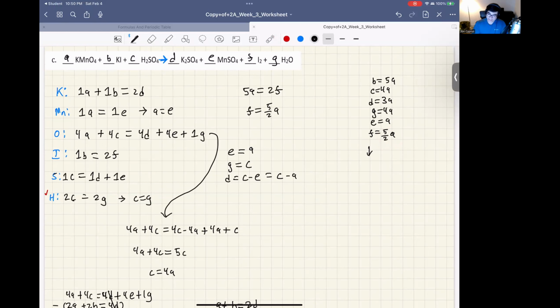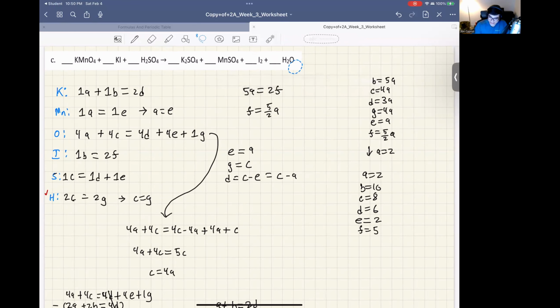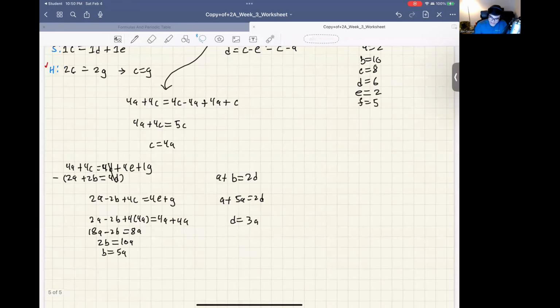You could do 4. I want to pick some multiple of 2. So I'm going to say A is equal to 2. If I do that, A equals 2, B equals 10, C equals 8, D equals 6, E equals 2, F equals 5.